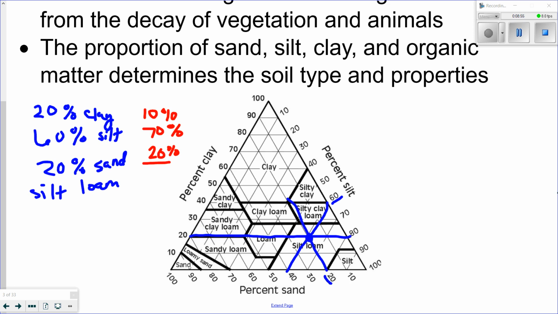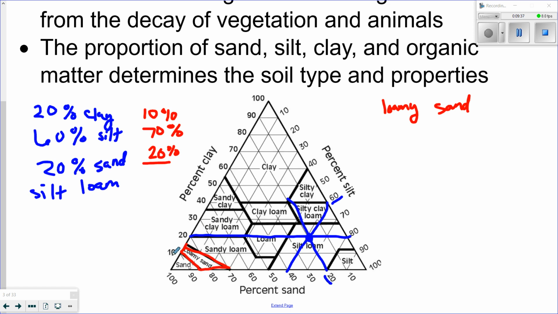It could also ask you what is a percentage of clay, silt, and sand that would be considered loamy sand. I just picked one of the smaller ones. So you would have to look on your soil triangle to find that type that it's looking for. Loamy sand is this area to the bottom left of our soil triangle. So you can pick percentages that fall anywhere in this little trapezoid looking shape.